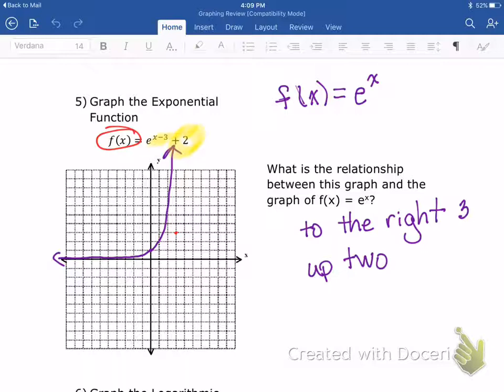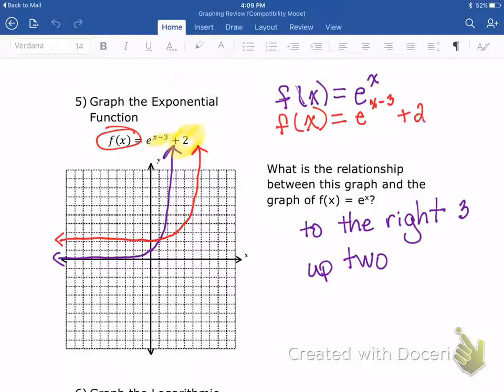So I'm doing this function in red. I've moved my y-intercept, and so now I can do the rest of my graph like that. So in red, I have f of x equals e to the x minus 3 plus 2.